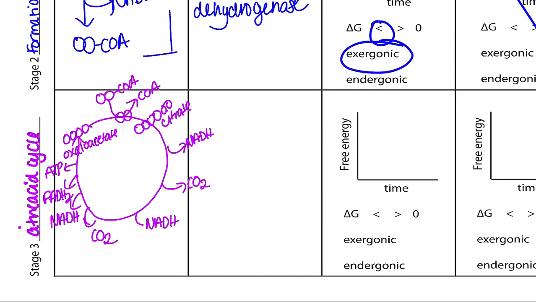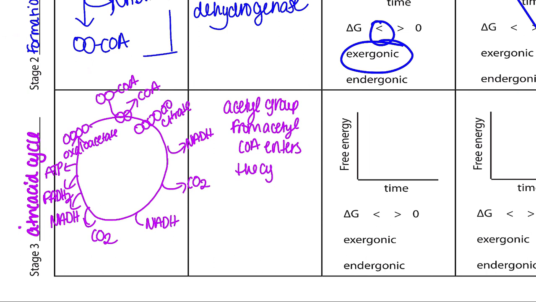And if we were to summarize what happens in the citric acid cycle, we can summarize it by saying the acetyl group from acetyl-CoA enters the cycle and leaves as CO2.